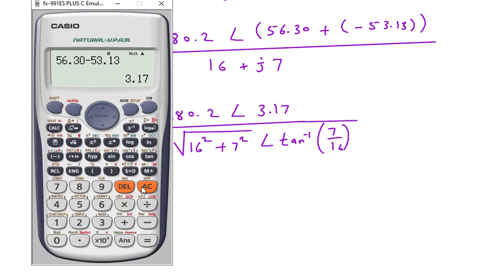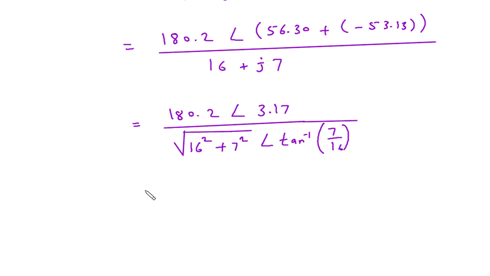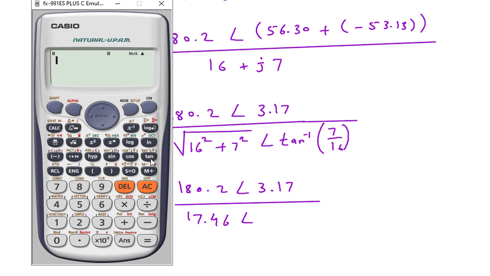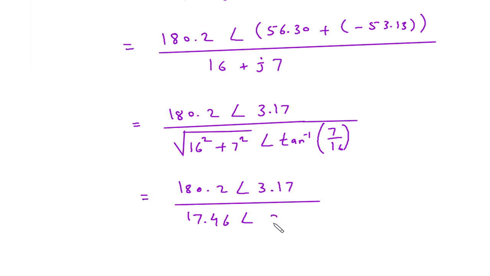So this will be under root of 16 square plus 7 square, which will be 17.46. So 180.2 at an angle of 3.17 divided by 17.46 at an angle of tan inverse of 7 by 16. So it is 23.62 degree.